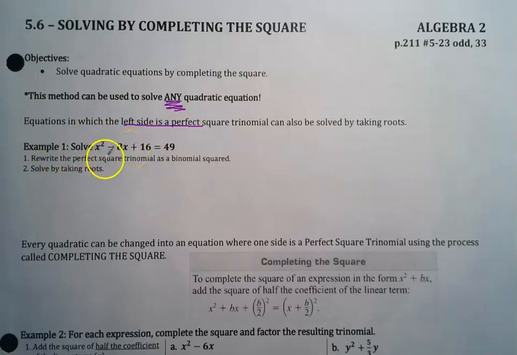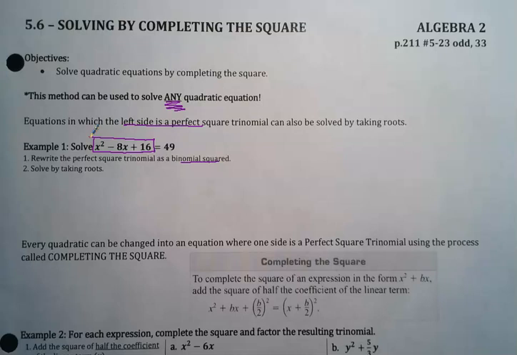So we're going to rewrite the perfect square trinomial as a binomial squared, and then we're going to solve it by taking roots. So let's take this part. Remember I've told you that you need to memorize those perfect squares, like the sum of squares and the difference of squares.